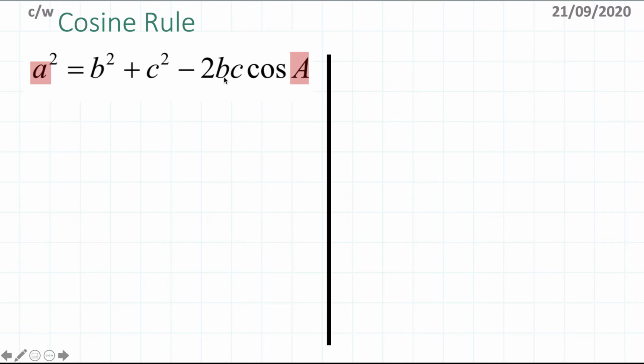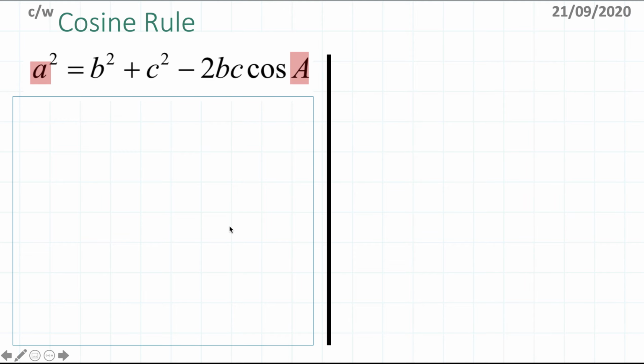Now, B and C, it's the rest of the lengths, and it doesn't matter which one is B and which one is C. But you need to make sure that the angle you put inside the cosine is opposite the length that you need to find. So this is the main important thing. So even if your labeling is not ABC, maybe it's PQR, and maybe R is the length that's missing, then make sure that the opposite angle to R is the one you put inside of cosine.